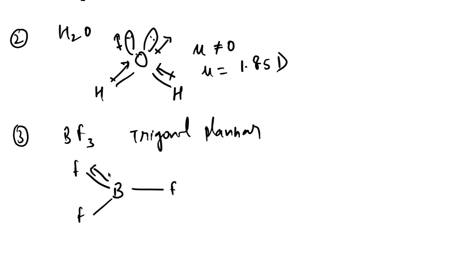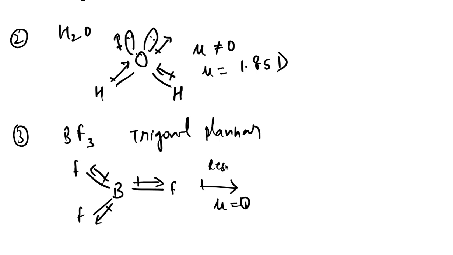Fluorine is definitely more electronegative, so we have individual dipoles, but the resultant dipole moment in this case will also be equal to 0. Why? Because this is symmetrical in nature. Even if the individual bonds have individual dipoles, the overall dipole moment will get cancelled out. So in this case we will have dipole moment 0, that is, this is non-polar in nature.